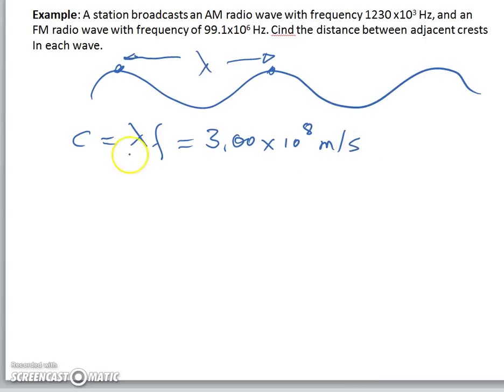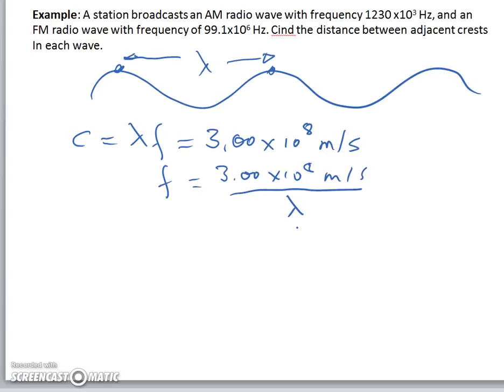So we're asked to find the wavelength, we're given the frequency. If we divide both sides of this equation by the wavelength, then we find that the frequency is 3.00 times 10 to the 8 meters per second divided by the wavelength.